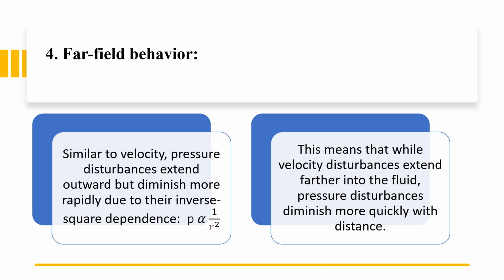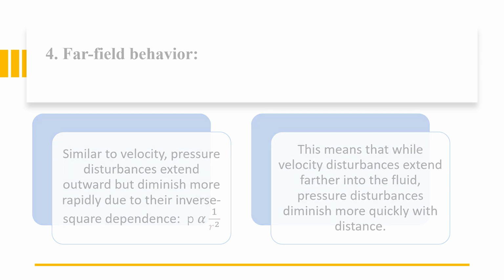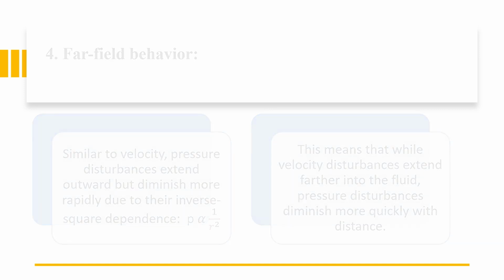Just like velocity, pressure disturbances extend outward from the sphere, but they decay more rapidly with distance, following a 1 upon r squared dependence. This means that the sphere's influence on pressure drops quicker than its influence on velocity. And this localized pressure effect plays a role in drag.